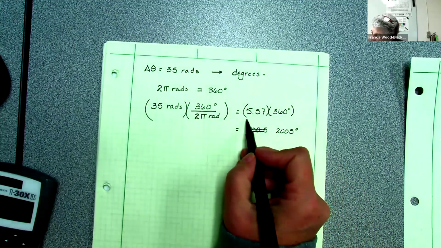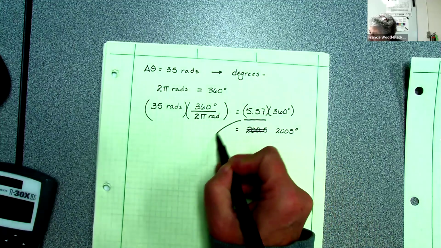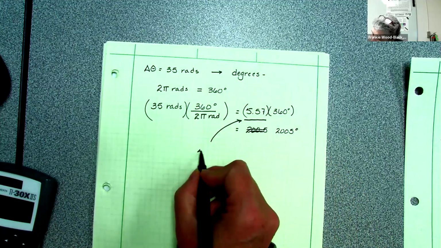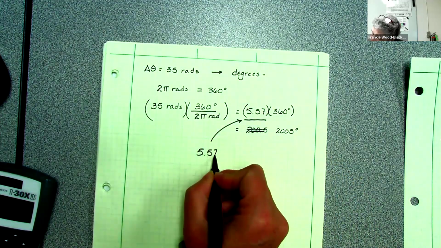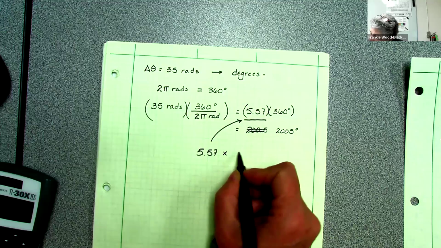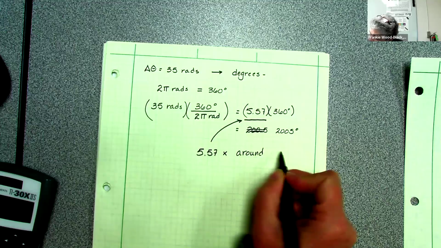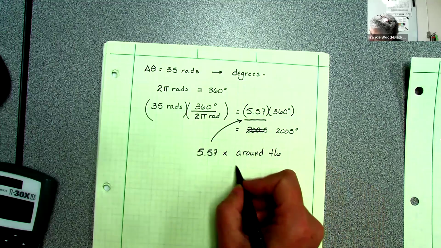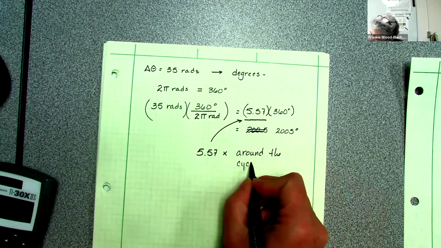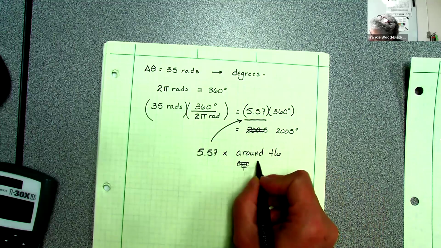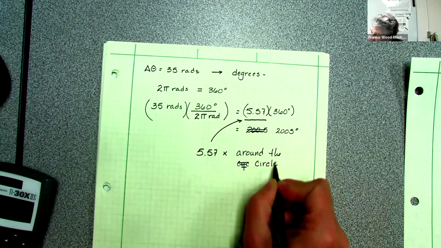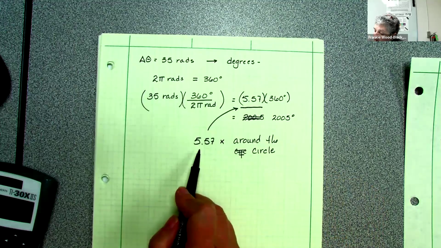But the reason I left it out like this is that it tells me we go 5.7 times around the circle. We're going 5.7 times around the circle.